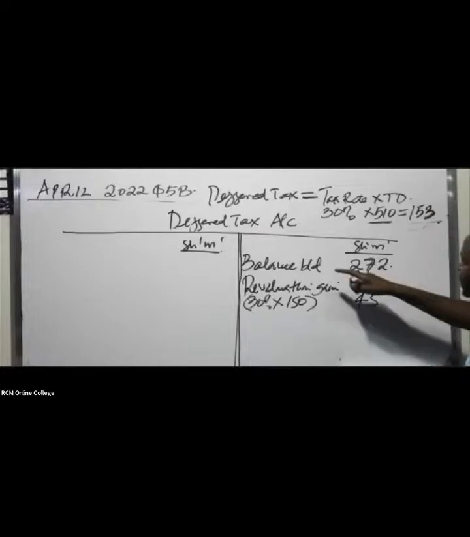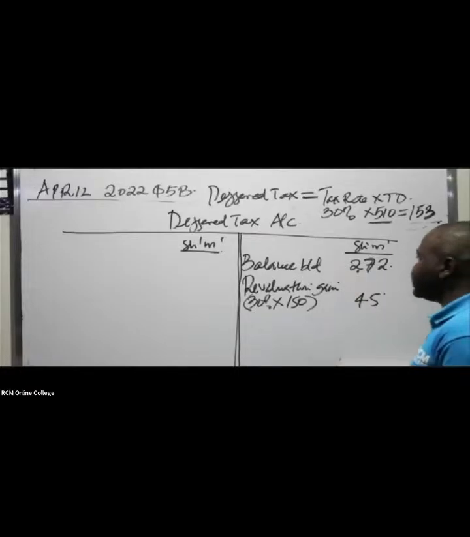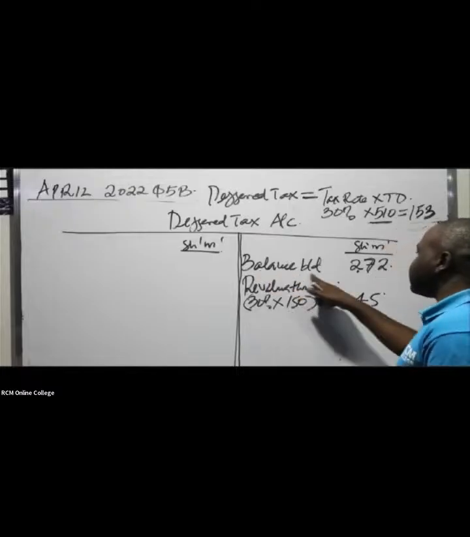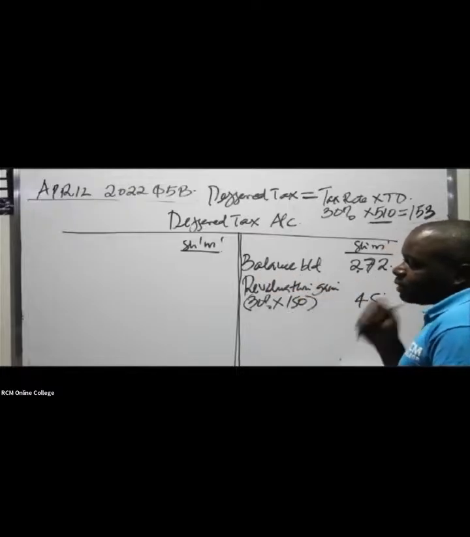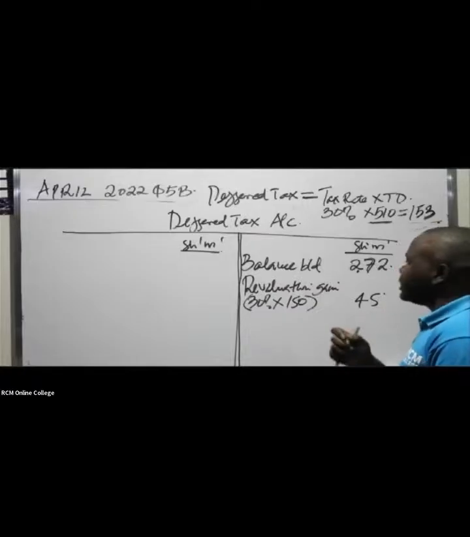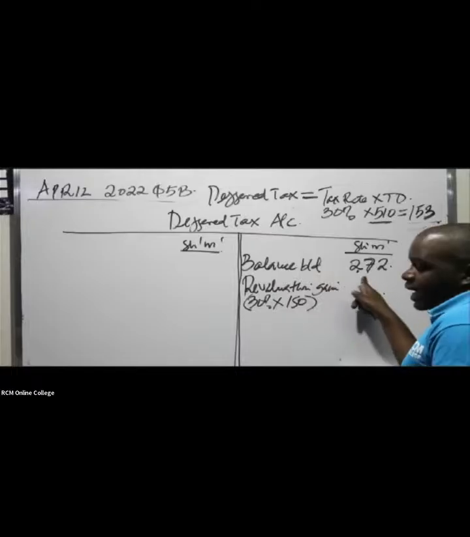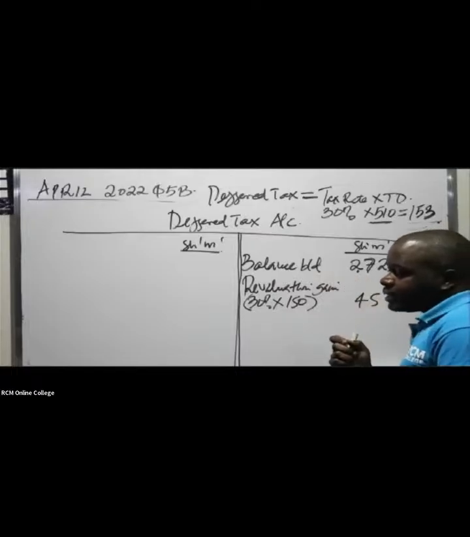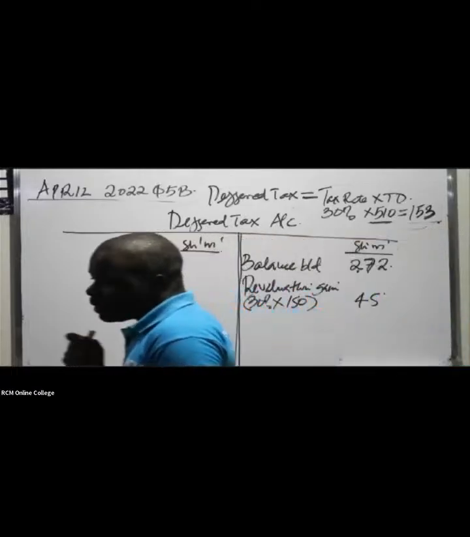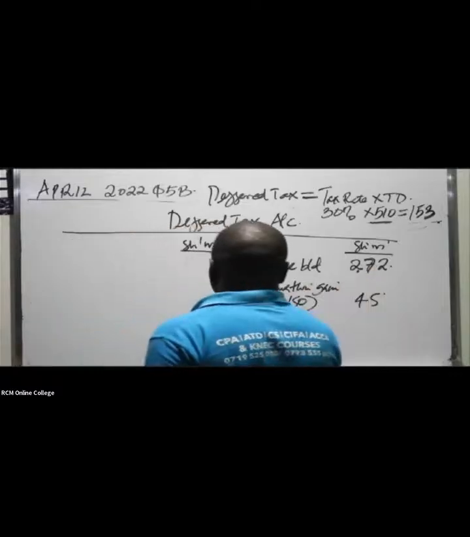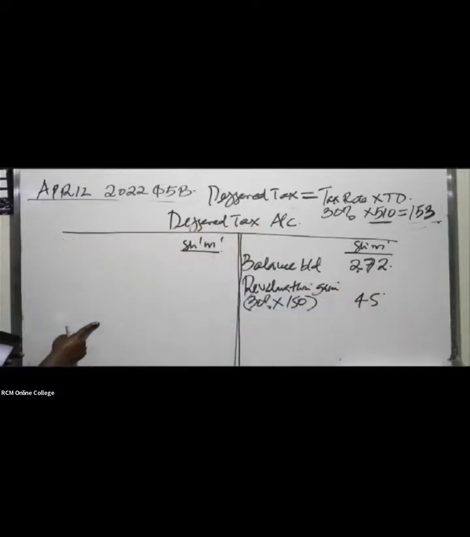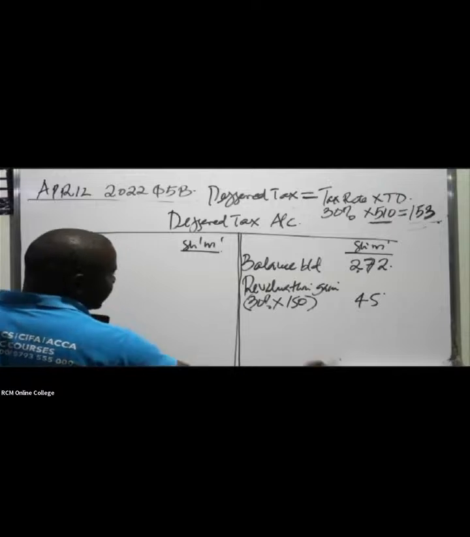So if you have to place it in this account, remember, with a liability account, the opening balance is normally here. But the closing balance is normally on which side? It is normally on the debit side. So it's normally here, so that in the next year it opens like that.